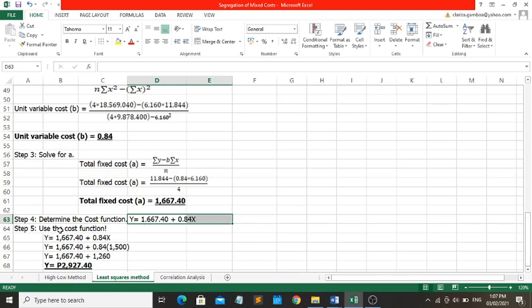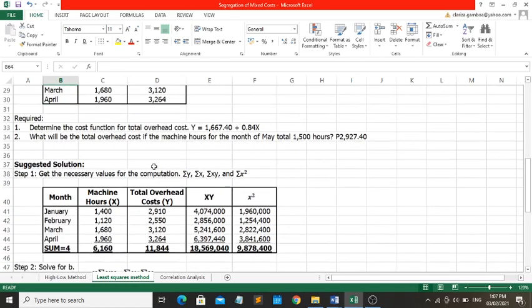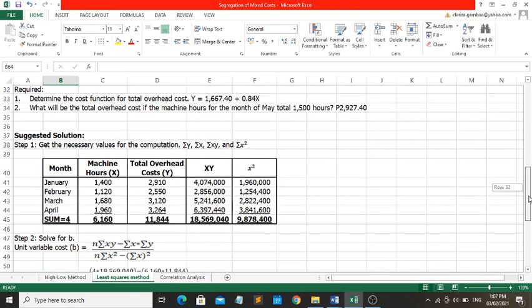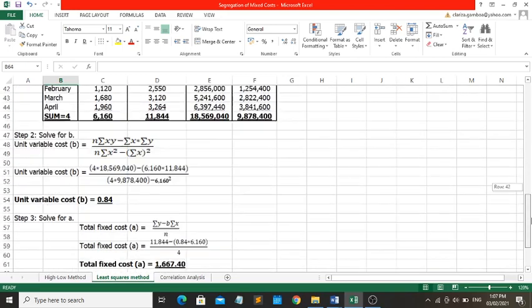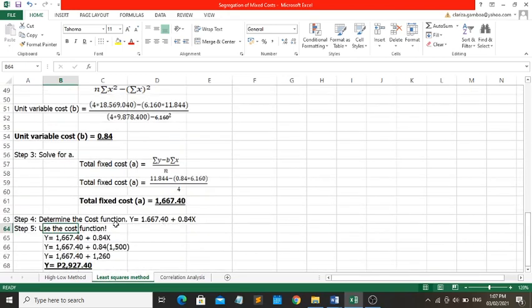Okay? And the last question kasi doon, paano daw, okay, balik tayo sa question. What will be the total overhead cost if the machine hours for the month of May total 1,500 hours? Okay, so pagdating daw ng May, next month yun, di ba, after April. Nung May, 1,500 ang naging machine hours.